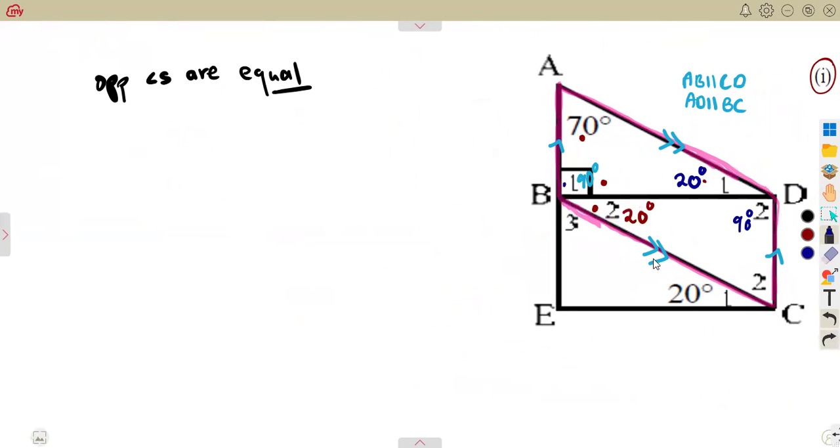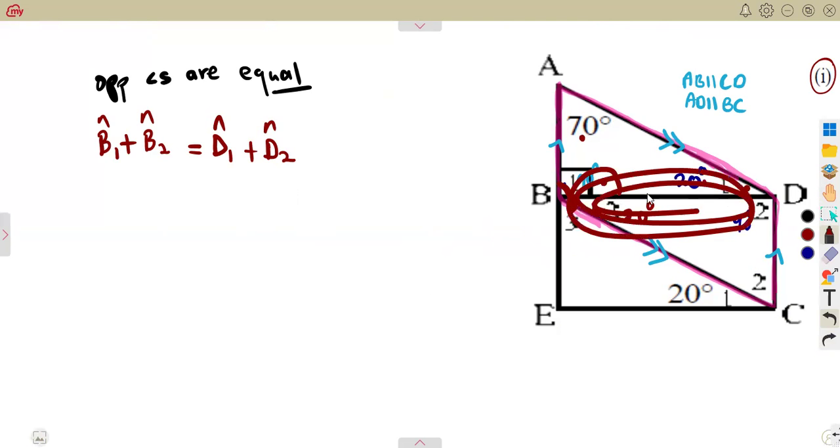That is B1. This is what it means, guys. Angle B1 plus angle B2 combined, the whole of this angle, must be equal to angle D1 plus angle D2 combined, like that.